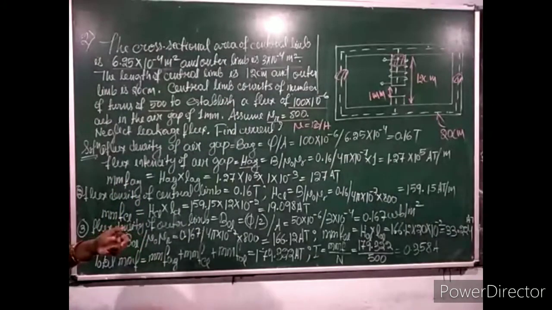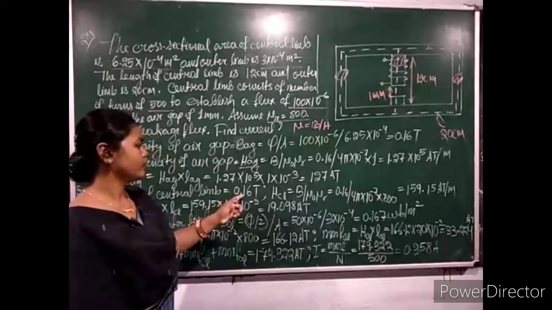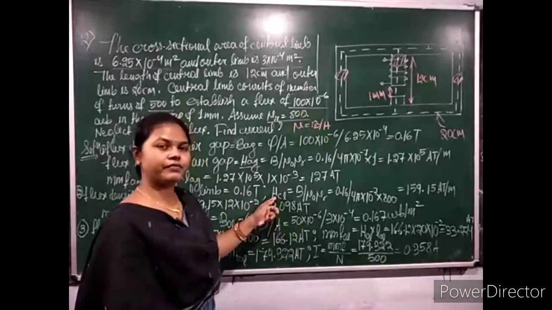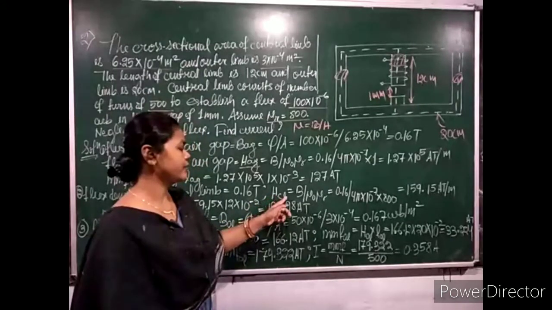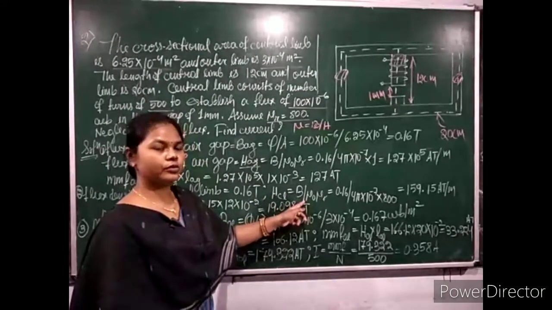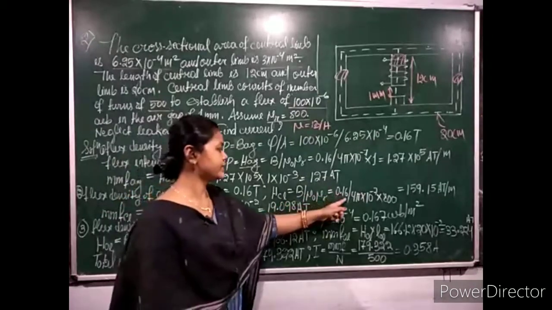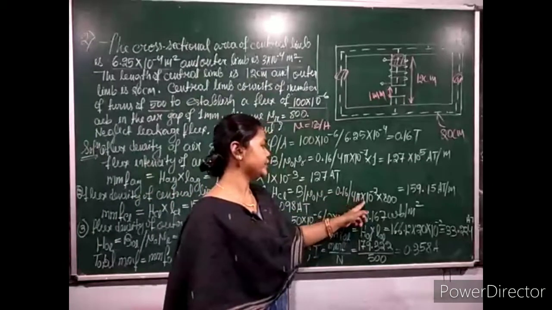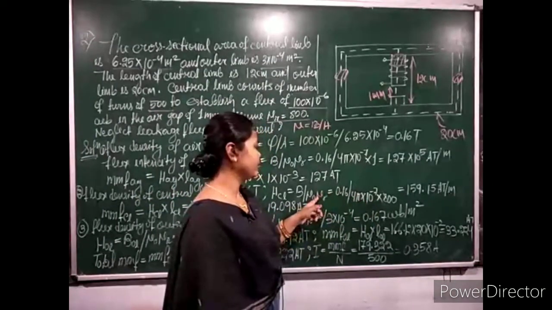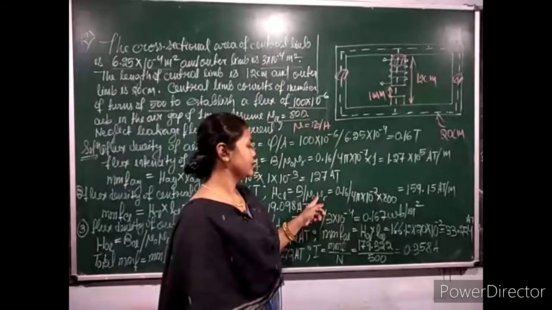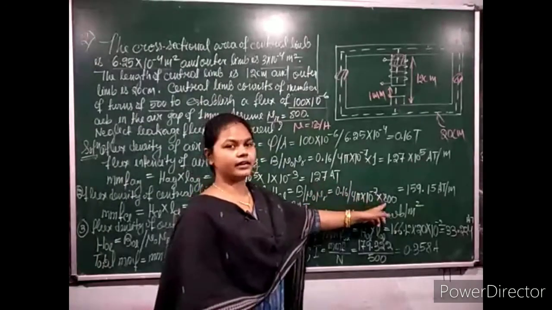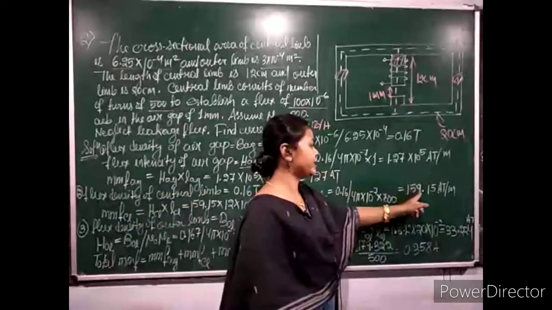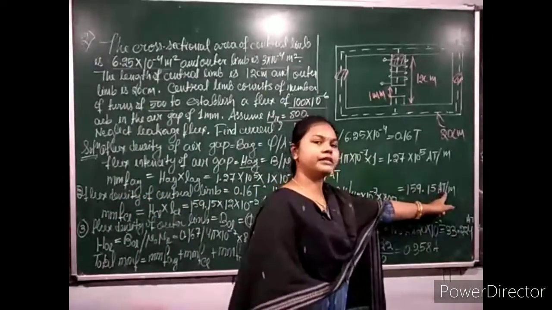Then flux intensity of the central limb is B by mu. Here B value is 0.16, mu 0 is constant, which is 4 pi into 10 to the power minus 7, and relative permeability is 800. It is given, which gives 159.15 ampere turn per meter.